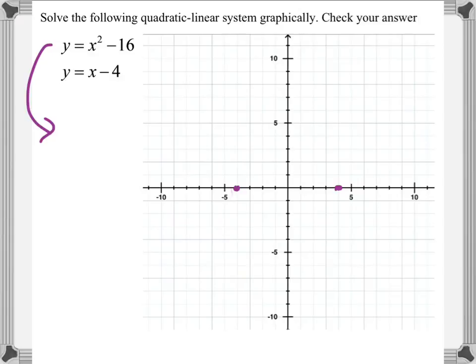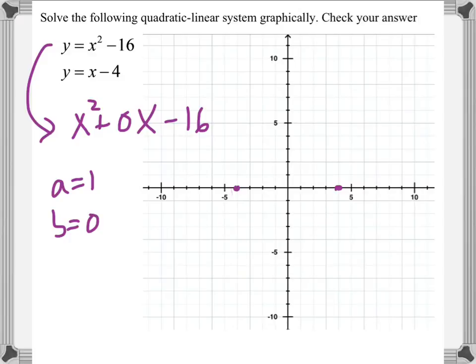Let me find the vertex here. So first let's put it into the form that I need it to be in. Okay, so my a is 1 and my b is 0. So I'd have x is equal to negative b over 2a. So it's 0 over 2 times 1, which is 0.